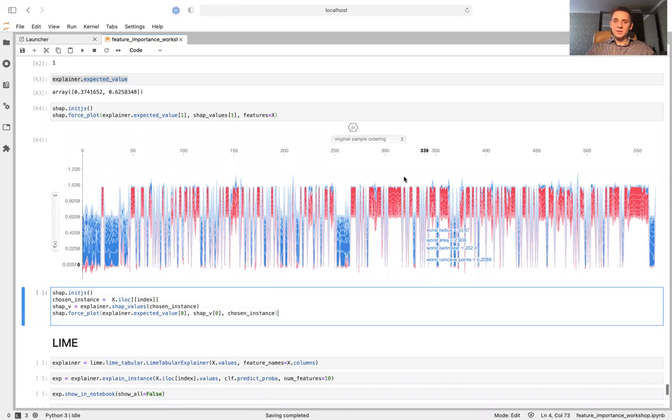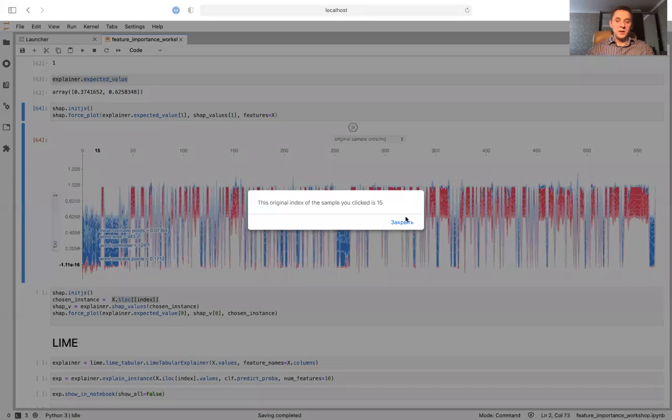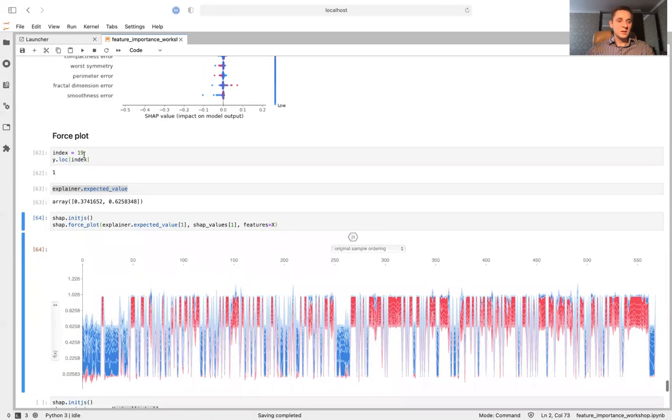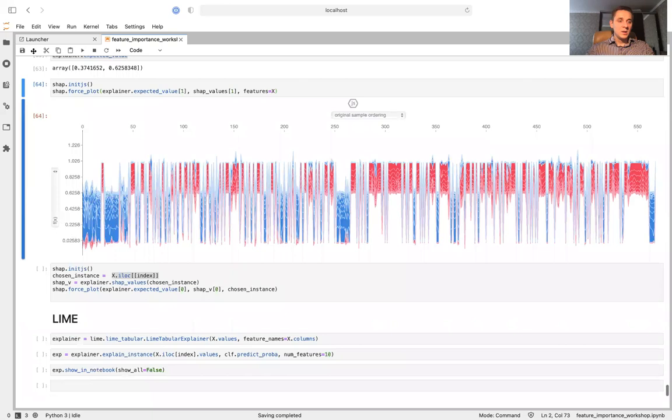This graph is quite great to understand the explanations on many samples, but we can take a look at the sample which we may be interested in by building a separate force plot. So here we choose the instance with iloc of index. As we have discussed, we are interested in index 19, right?